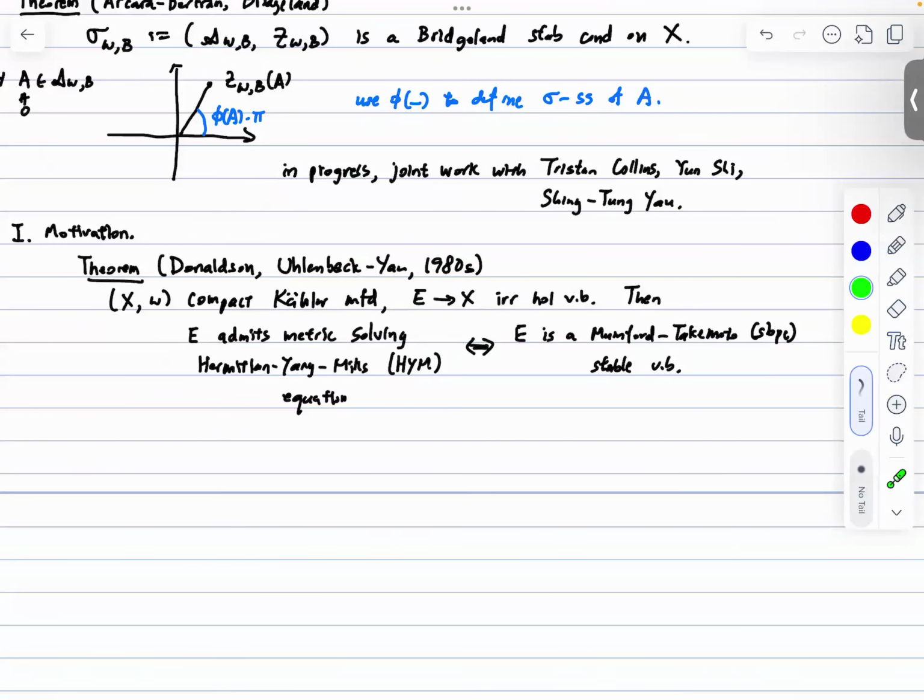And since then, on the equation side, the theory of Hermitian Yang-Mills equation has evolved into theories of deformed Hermitian Yang-Mills equation, or DHYM equation. And on the algebraic geometry side, as we know, now we have Bridgeland stability conditions and other types of stability conditions that we can put on the derived category. So a few years ago, Collins and Yau asked this question.